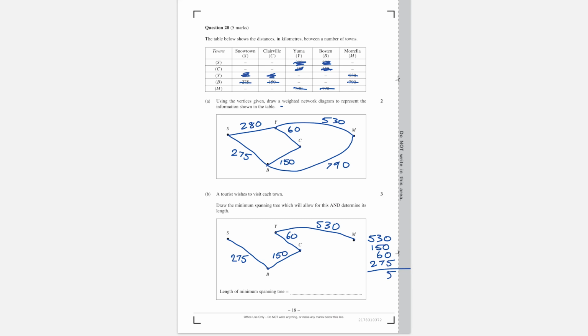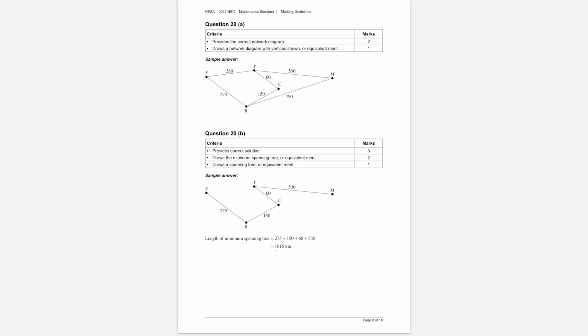So 8 plus 6 is 14, plus 7 is 21, 5 plus 4 is 9, and 1 is 10. So our length is 1015. And we want to put the units in as well. So it's 1015 kilometers. That's it. 1015 kilometers. And yeah, that's what our diagram looked like as well.